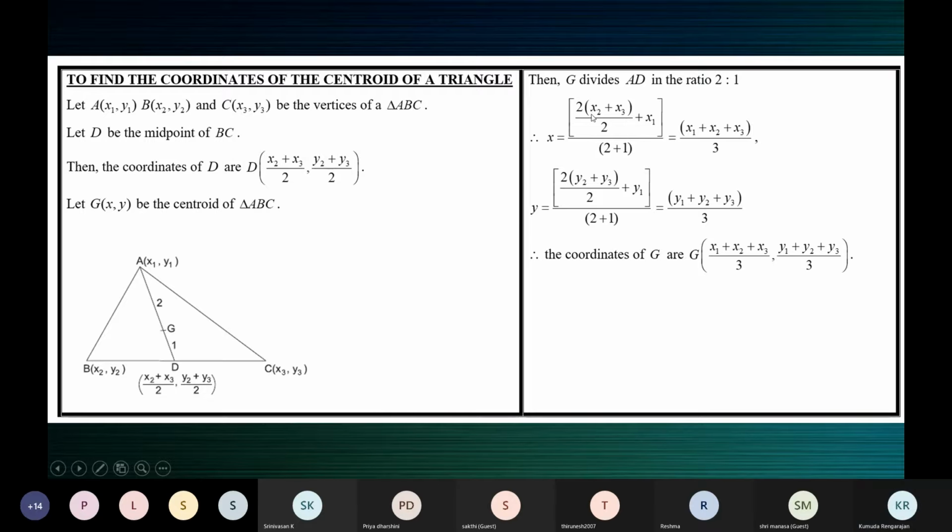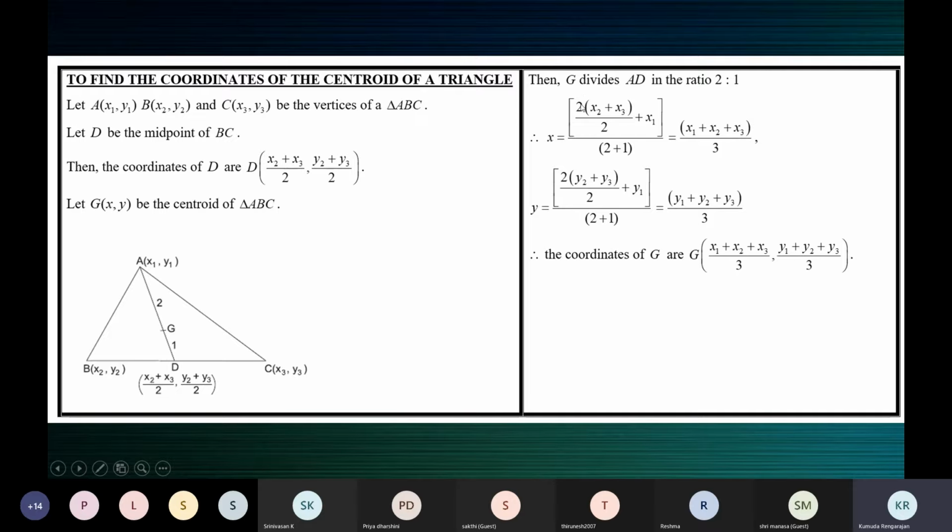The x coordinate of G is given by x. So here you can see x is equal to 2 into x2 plus x3 by 2, plus 1 into x1, by m plus n, 2 plus 1.